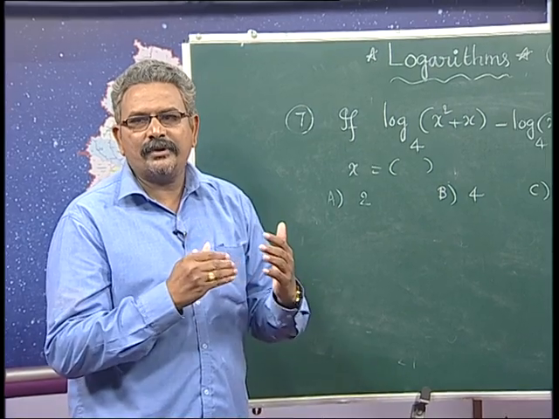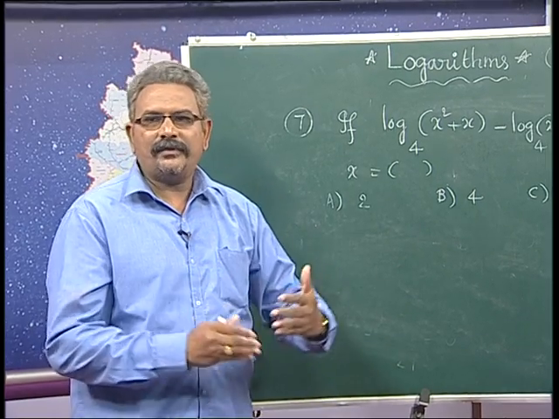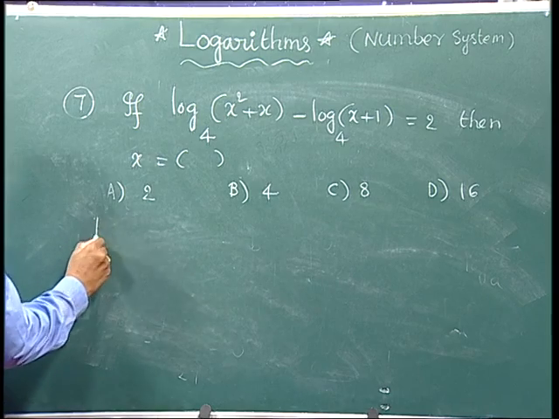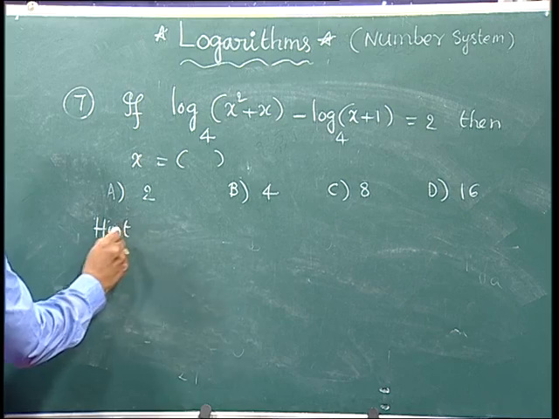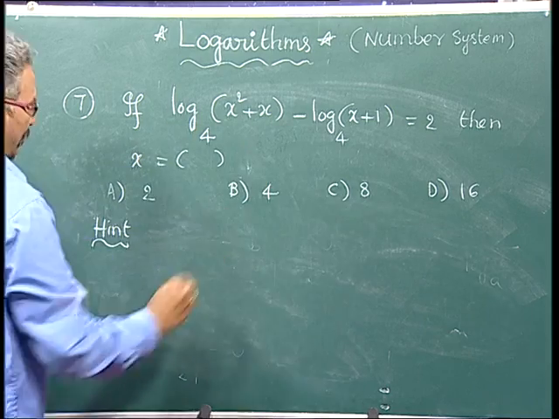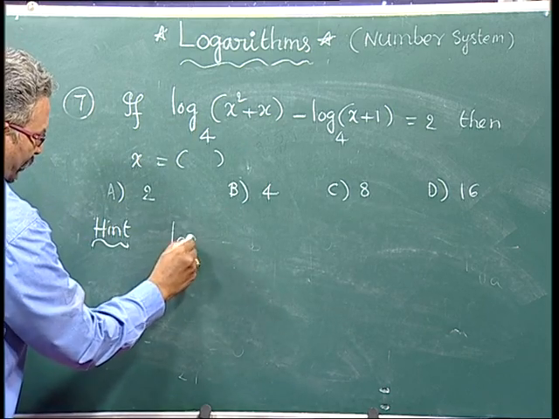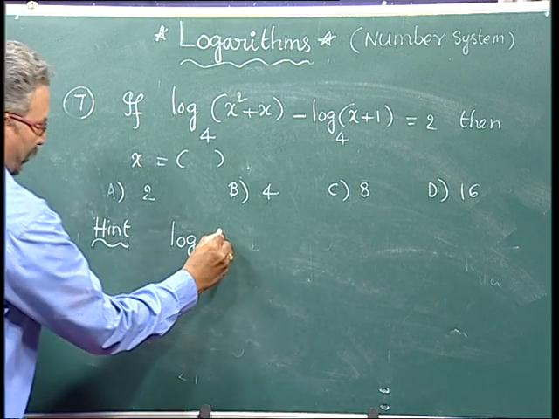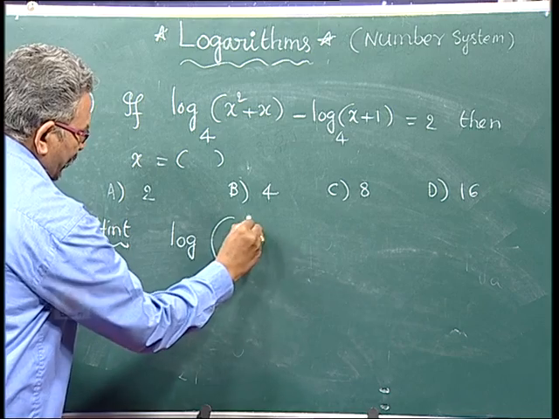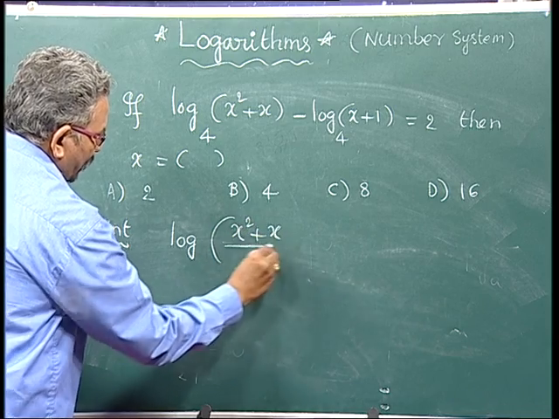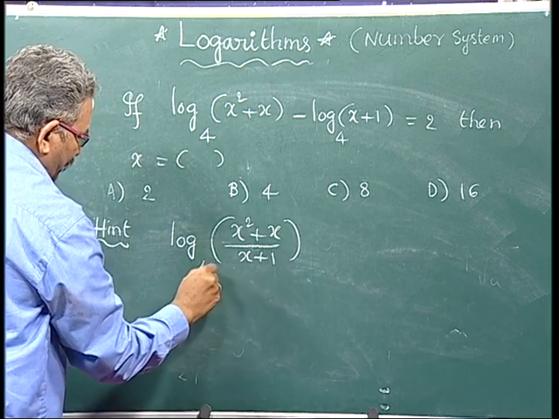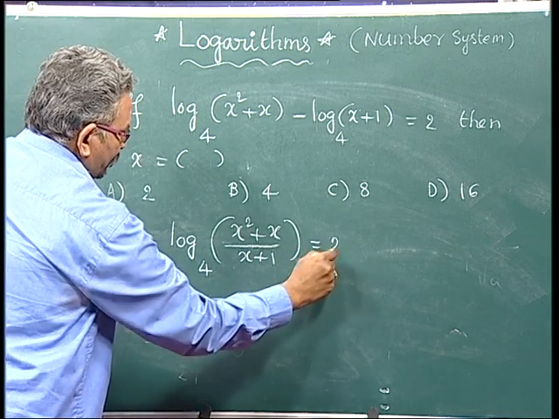First let us put it as a single logarithm, after that we can easily solve it. So, now being put as a single logarithm, this can be written as log of x square plus x over x plus 1 to the base 4 is equal to 2.